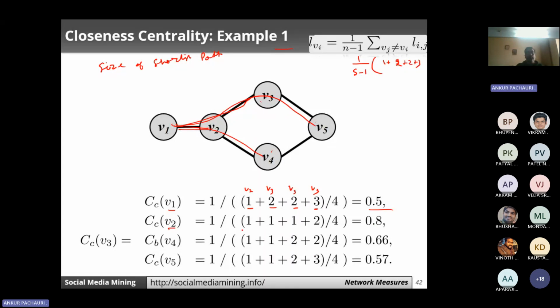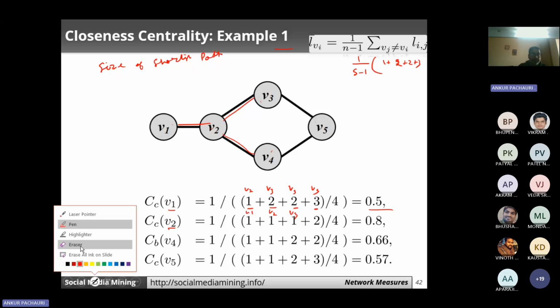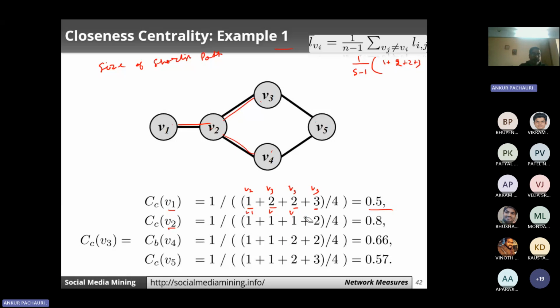Similarly, for v2, v2 to v1 is 1, v2 to v3 is 1, v2 to v4 is 1. Sorry, my bad, I cannot take it as v2. So from v2 to v1, from v2 to v3, from v2 to v4. Just give me a minute.